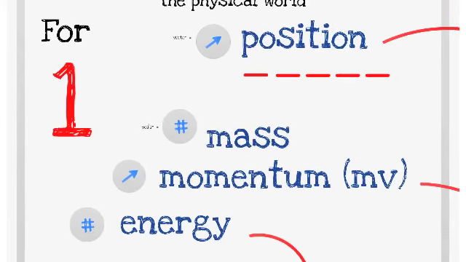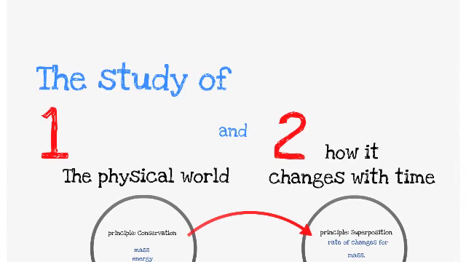So the study of the physical world involves being able to quantify the position, the mass, momentum, and energy, and then looking at how those change with time. Again, there are two simple principles. One is the principle of conservation of these quantities, mass, energy, and momentum.